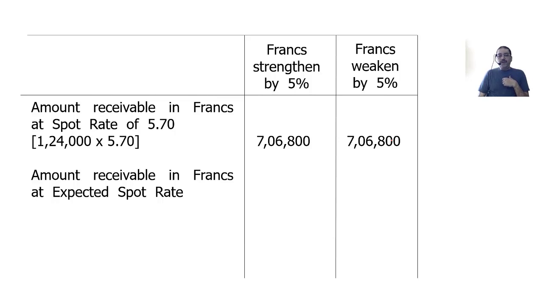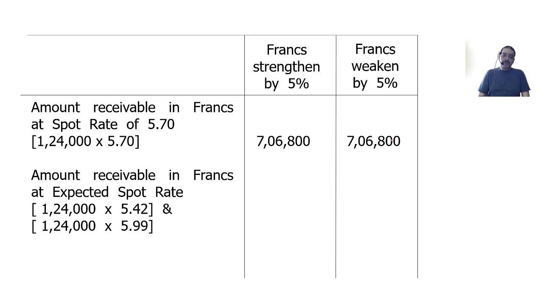So first one, it will be 1,24,000 into 5.42. That will be 6,72,080. Second one will be 1,24,000 into 5.99. That comes to 7,42,760.